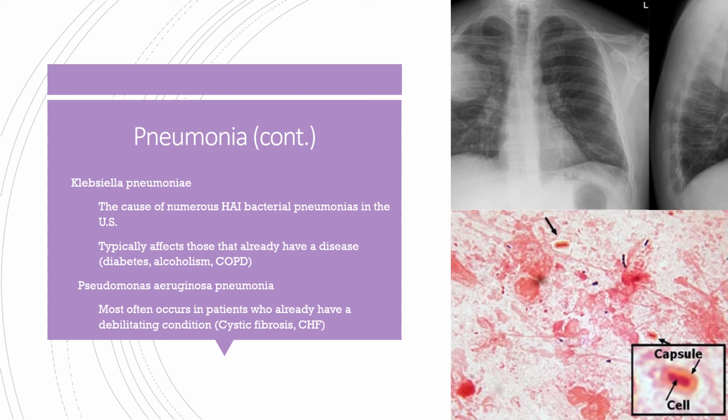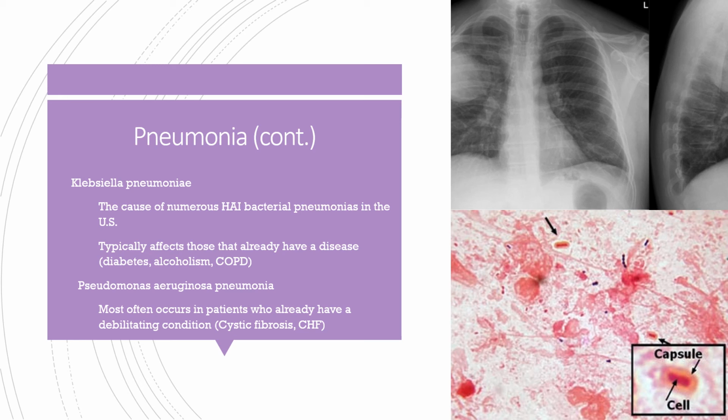These bacteria are responsible for necrotic destruction of the alveoli. They can also cause abscesses to form in the lungs, and the sputum that is produced from the cough associated with this pneumonia is typically referred to as currant jelly sputum because it's very thick and red and it has blood in it.